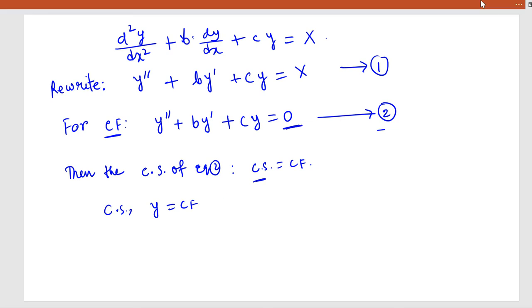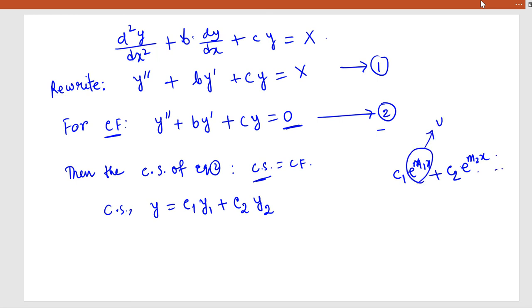So that is why let us write y equals to C1 into y1, and the general solution or the complete solution for this function is y equals to C1 y1 plus C2 y2. Because if you remember, we have seen C1 into e power m1 x plus C2 into e power m2 x and so on. So we are calling it y1 and this is y2.